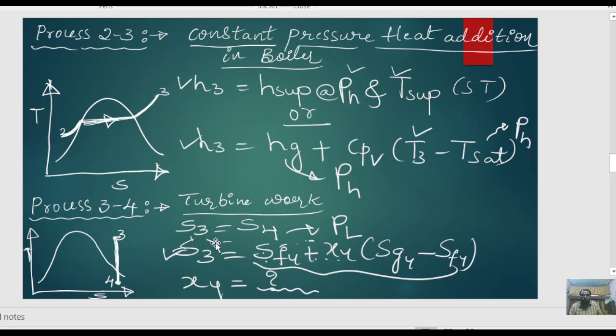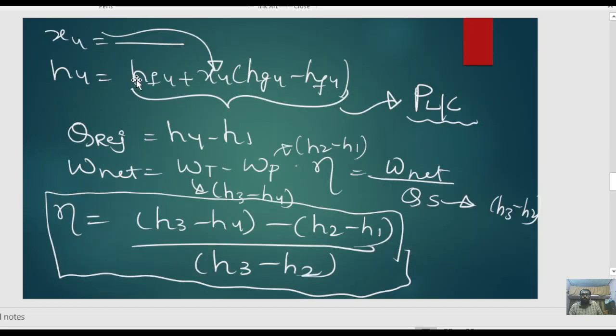Next, for turbine work, we have to divide the work: first find out the X4, that is the condition of the steam at turbine exit. Next, from that X4 you have to find the enthalpy at turbine exit, that is the H4. H4 is HF4 plus X4 times HG4 minus HF4.